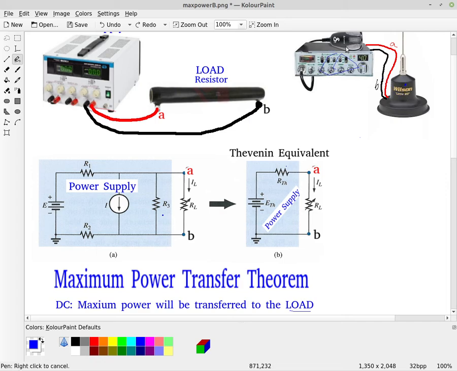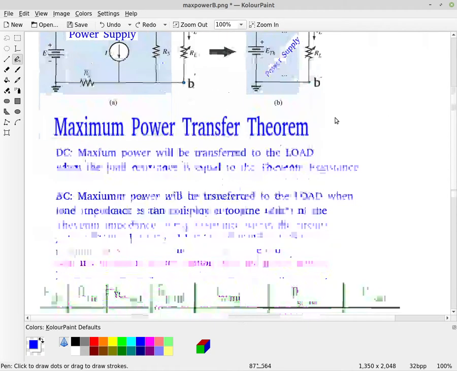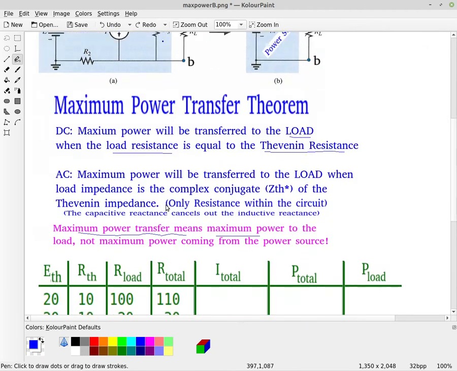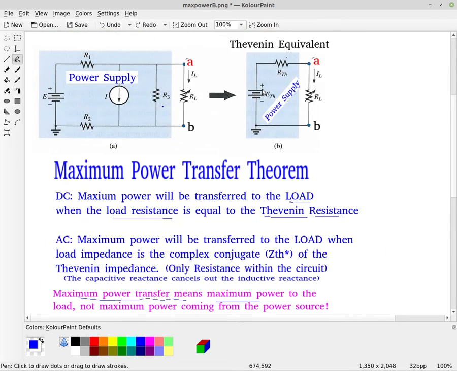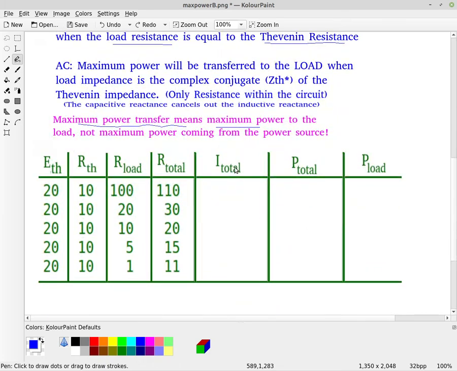It's being used up inside of your electronics, whether it's a power supply or radio or TV or whatever that device may be. So maximum power transfer means the maximum power to the load, not the maximum power that your voltage source is outputting.